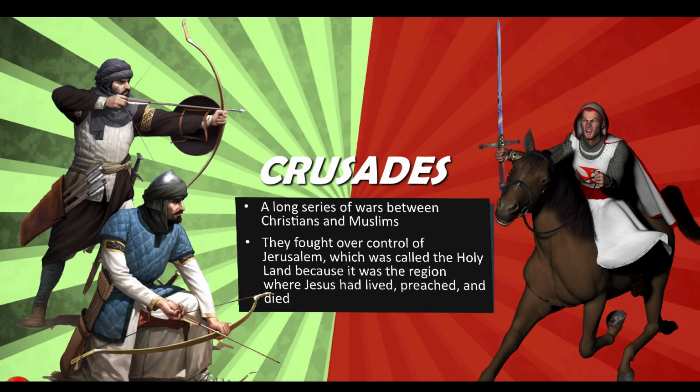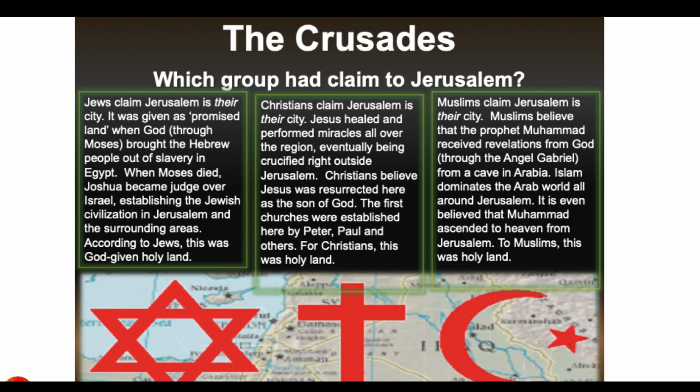So the Crusades were a long series of wars between Christians and Muslims. They fought over the control of the Holy Land, Jerusalem, which was very important to three different religions: Jews, Christians, and Muslims. Now, Jewish people believed that they had a claim to Jerusalem because this is the land that God promised them after they were brought out of slavery.